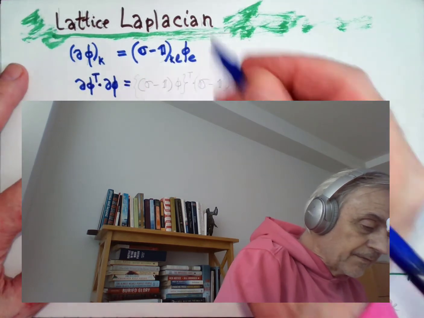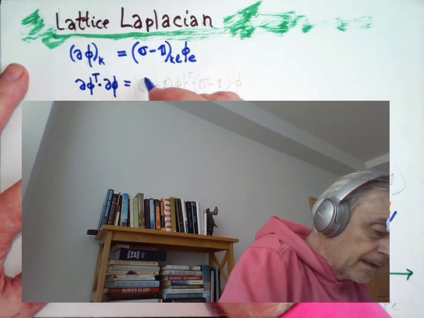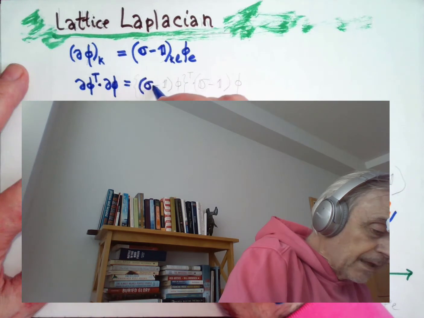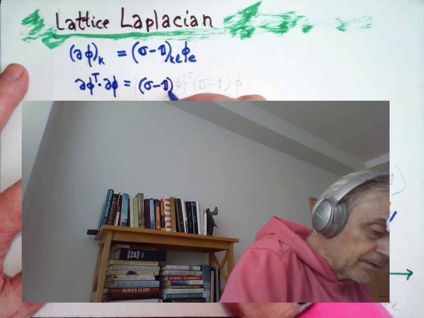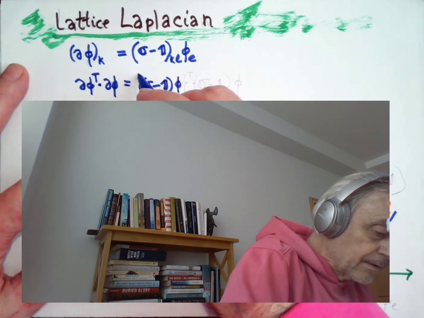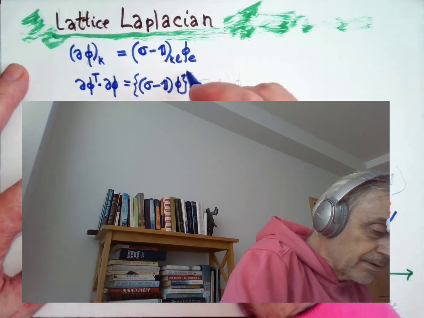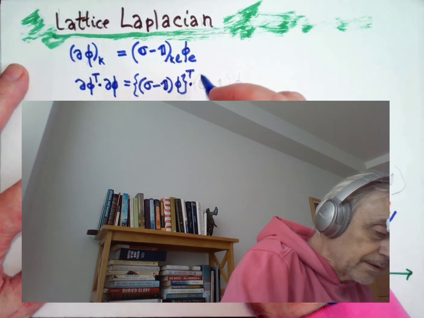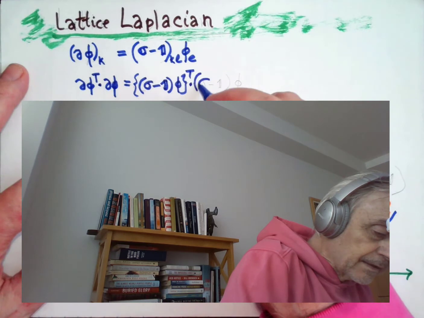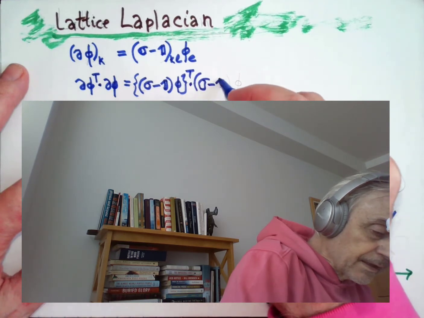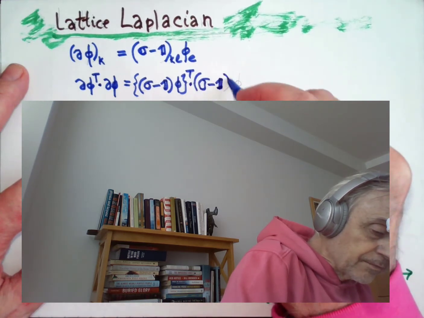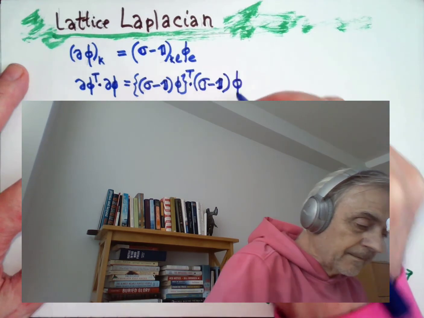That, by definition, is matrix I acting on phi, the whole thing transposed, dot matrix sigma minus unity, shift minus unity acting on phi.